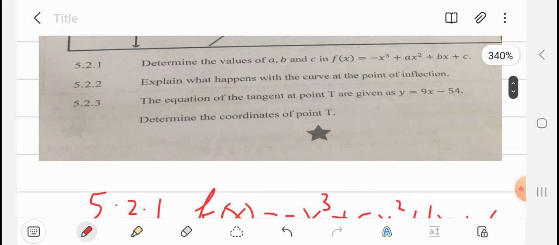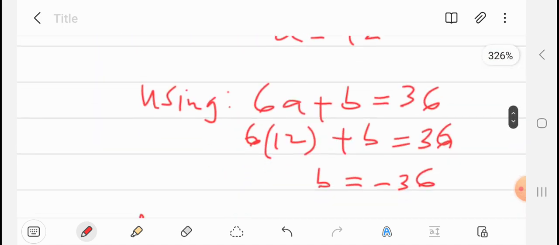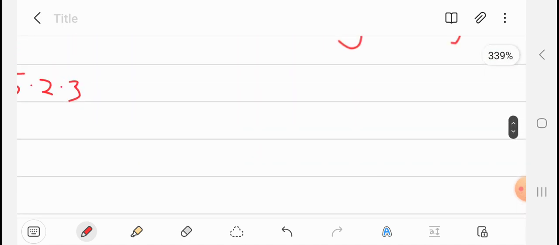Determine the equation of the tangent at the point T. The equation of the tangent at the point T is given as y equals 9x minus 54. We need to determine the coordinates of T at that point, so we continue quickly to do that one.